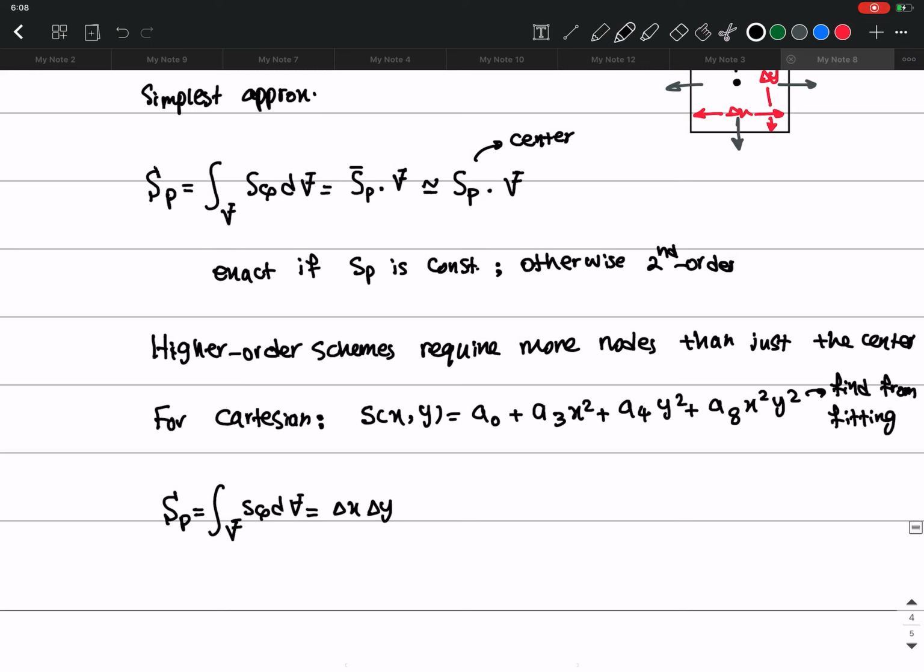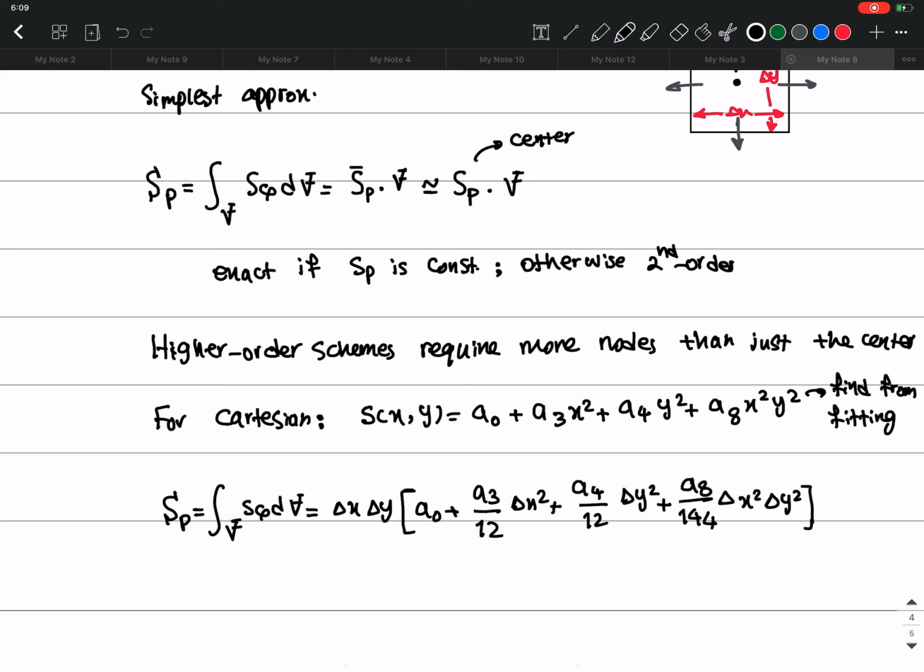So delta x, delta y times a0 plus a3 over 12 delta x squared plus a4 over 12 delta y squared plus a8 over 144 delta x squared delta y squared.